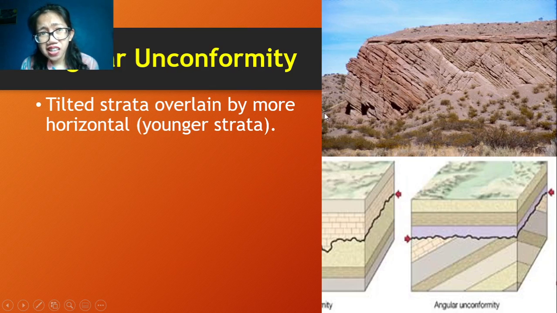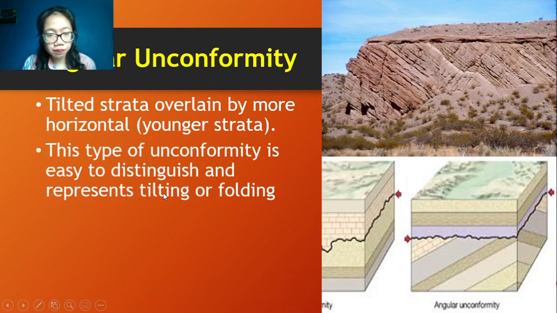So you can still see the law of superposition acting here, that the younger strata on top has formed on top of the older strata, but the lower layer is not horizontal anymore. It is now diagonal due to tectonic processes. So this type of unconformity is easy to distinguish.